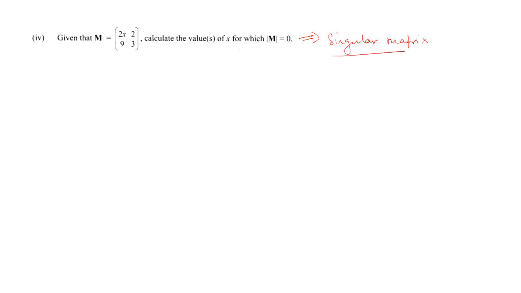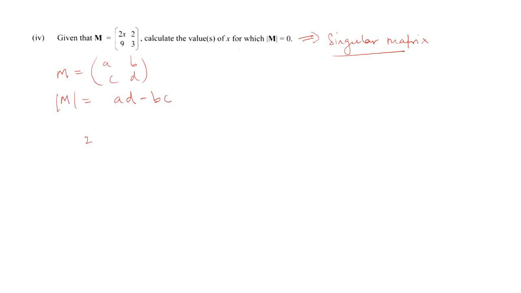So if you have a matrix M that looks like A, B, C, D, then the determinant is given by AD minus BC, and they are telling us that the determinant is equal to 0.